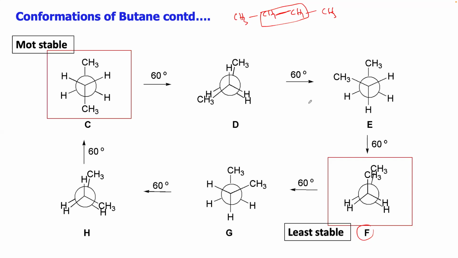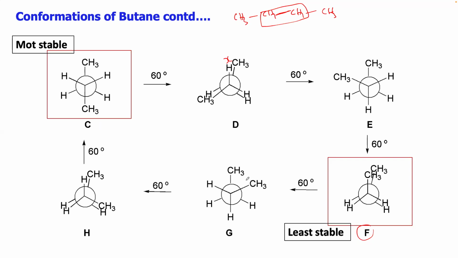Then you have other structures in between, like D, also unstable because it's interacting with the CH3 and H hydrogen. And these gauche structures like E and G are a bit more stable than F and D, but less stable than C. C is the most stable one.